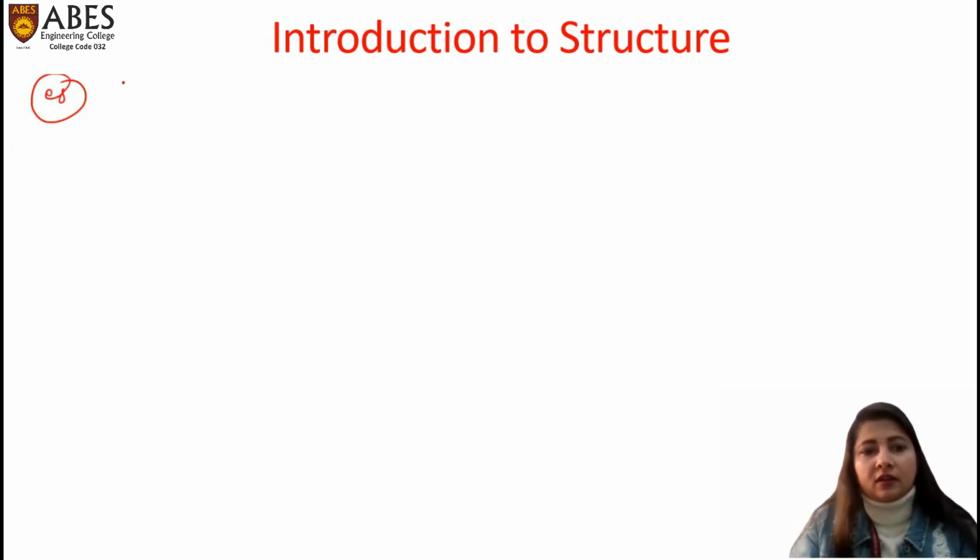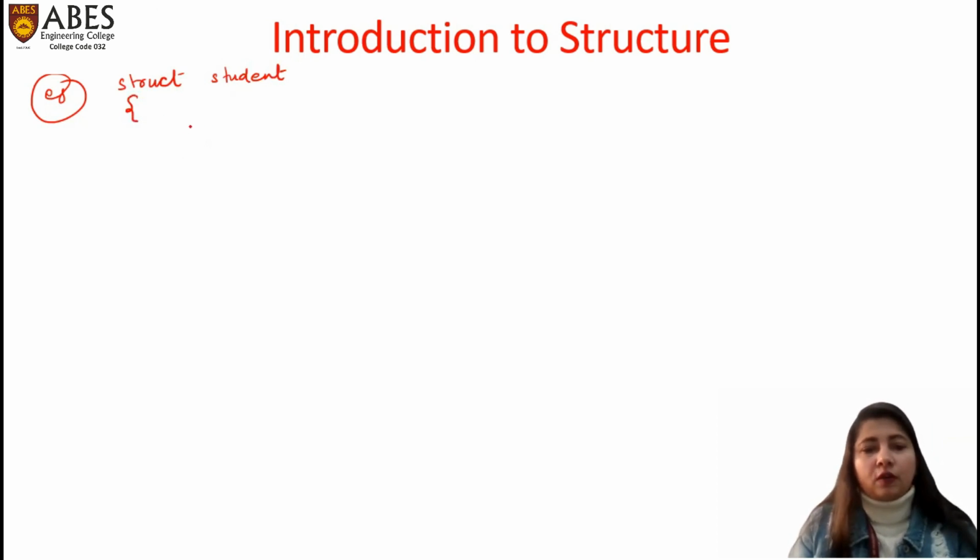So how will I declare a structure? First, I will write the keyword struct. Then the tag name would be the name given to this particular structure. A user can use any valid identifier for the same. Let's say I have given it the name student.